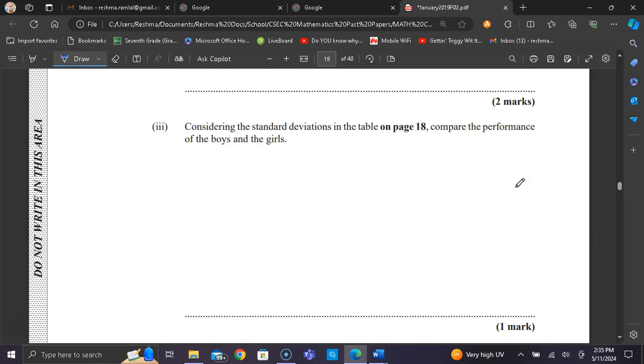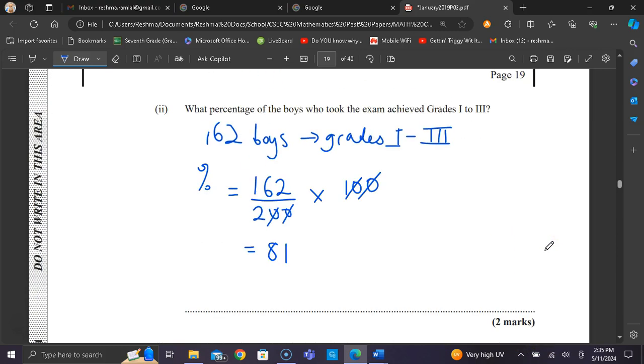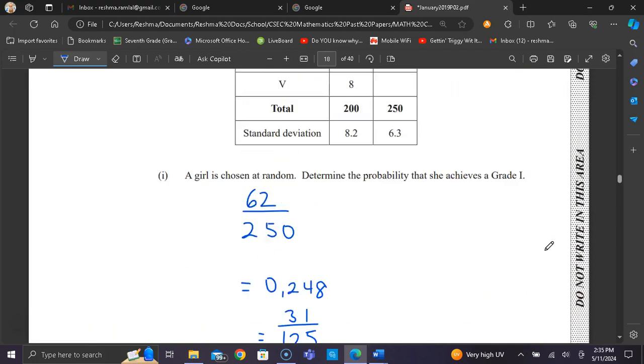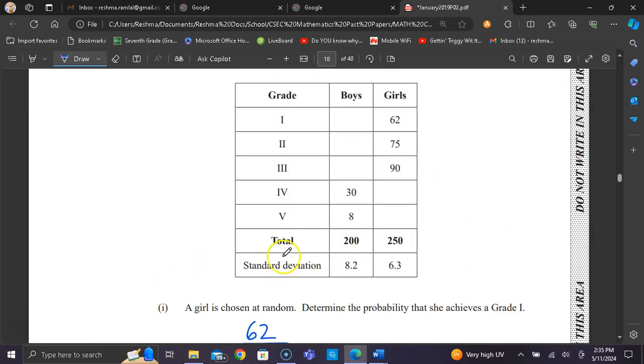And the last part, part 3: considering the standard deviations in the table on page 18, compare the performance of the boys and girls, and this is just with 1 mark. So going back up to the table, the standard deviation for the boys is 8.2, and the standard deviation for the girls is 6.3. Now, the lower the standard deviation, it means that the grades are pretty close together.